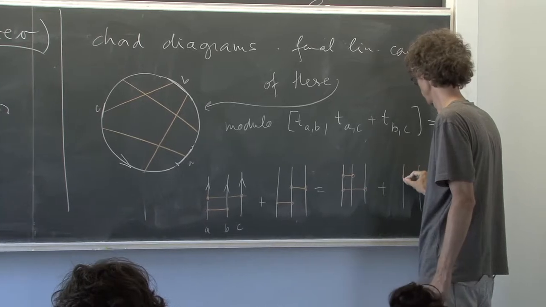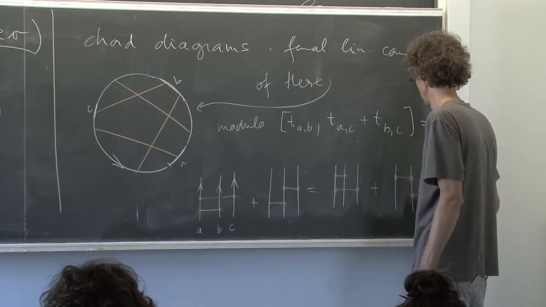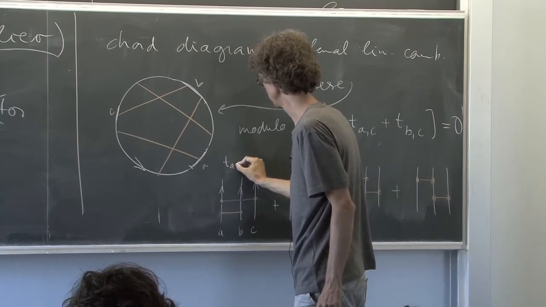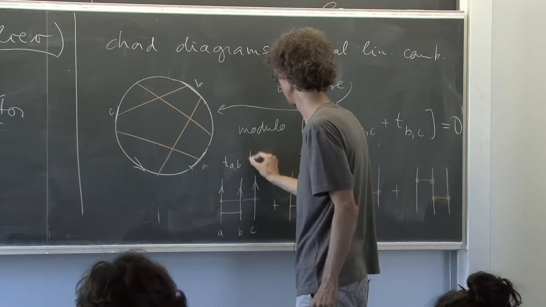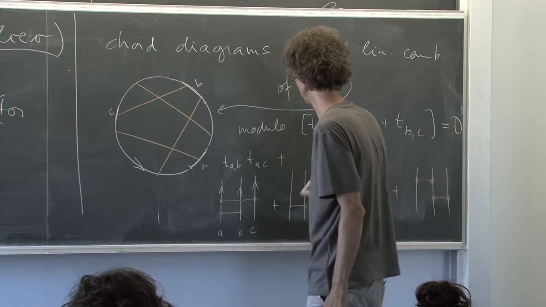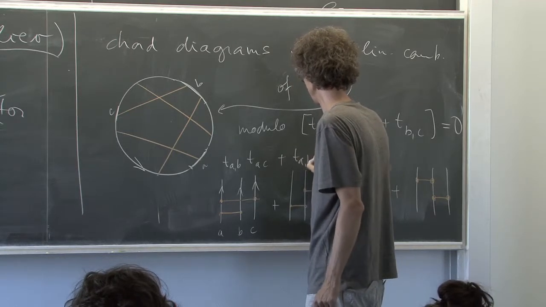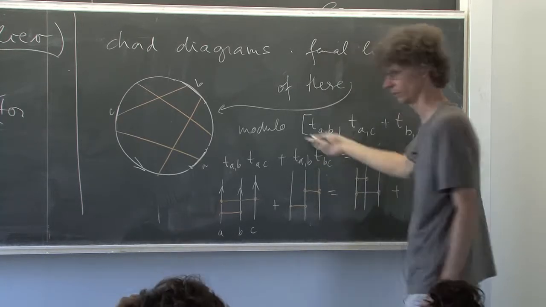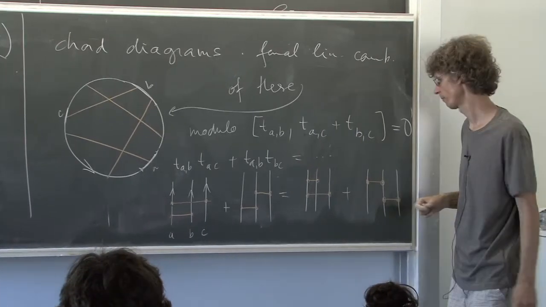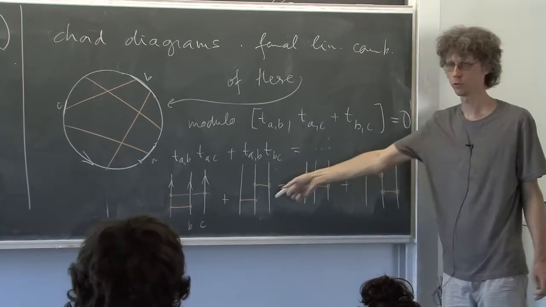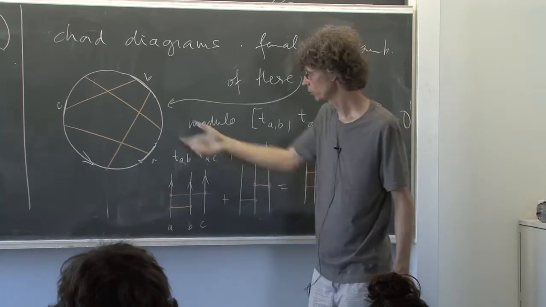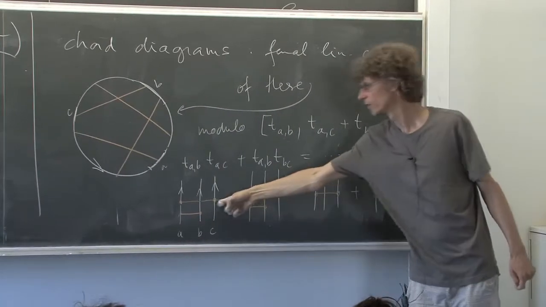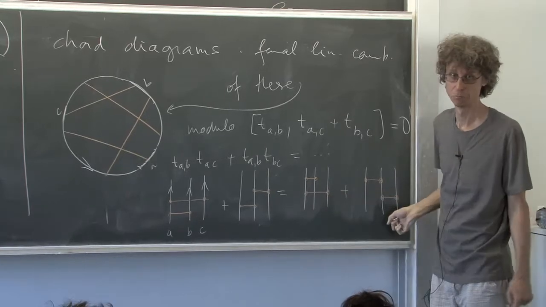And so the thing that you see here is T_AB times T_AC plus T_AB times T_BC is equal to the other thing in the opposite order. So those are these relations: whenever you take 3 small arcs on the circle, whenever you see something like this plus that, it is equal to this plus that.